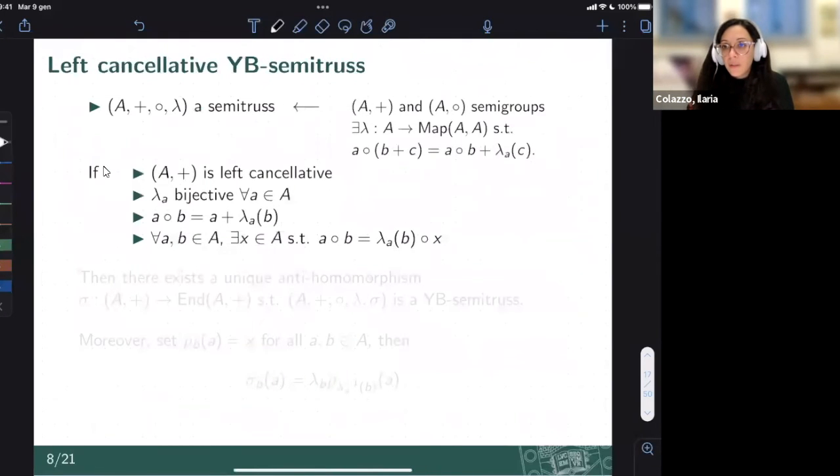Okay, can I continue? Okay, so the condition to have a YB-semitruss seems like a lot. So we can restrict ourselves to the case in which the additive structure is left cancellative.